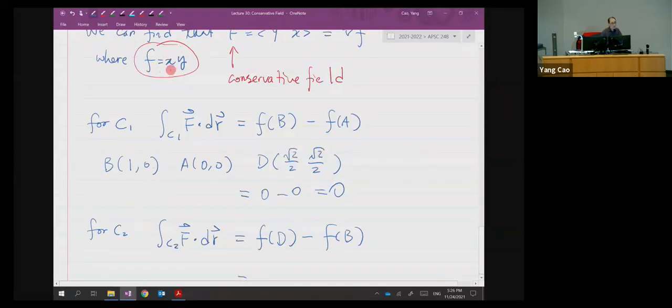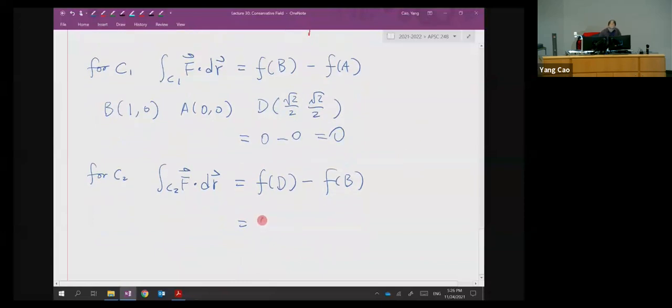Here's your function f, so x equals √2 over 2, y equals this. So multiply together, minus f of B, we already got it, 0. So altogether, that gives you 1/2.